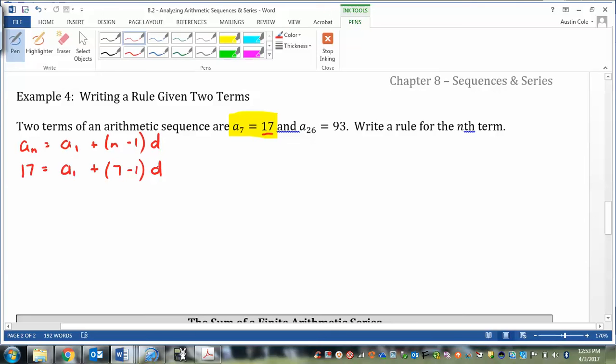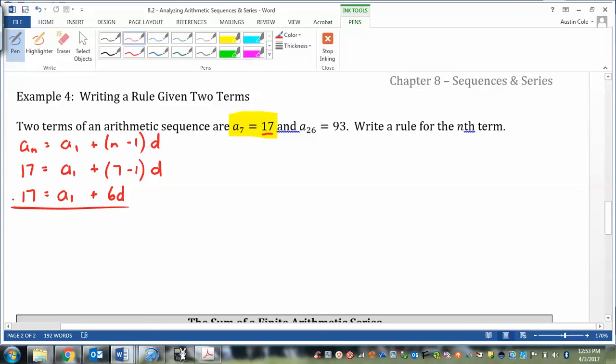Now I can simplify that. This is going to give me 6, so I'm going to get 17 equals a sub 1 plus 6d. Okay, we're going to do the exact same thing with our other info.